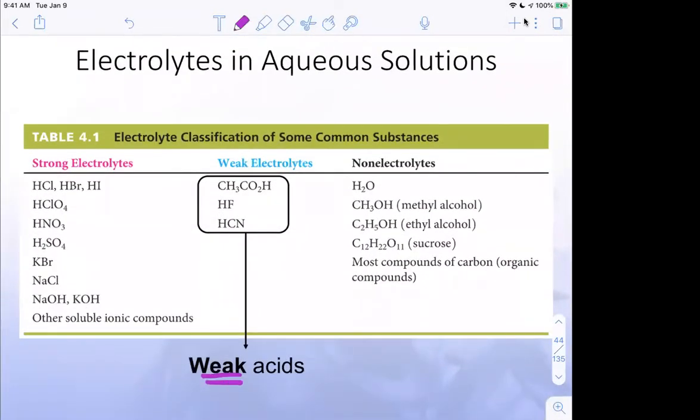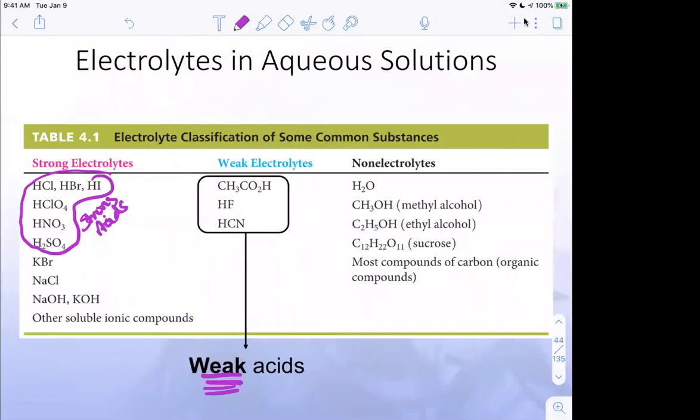Weak acids: any acid outside of those listed here is going to be a weak acid. So you're going to memorize the strong acids. These are my strong acids. Those are the only strong acids we have, those six, maybe HClO.